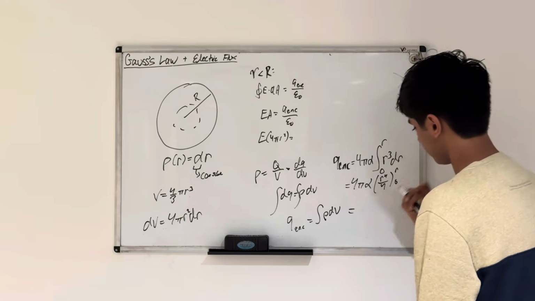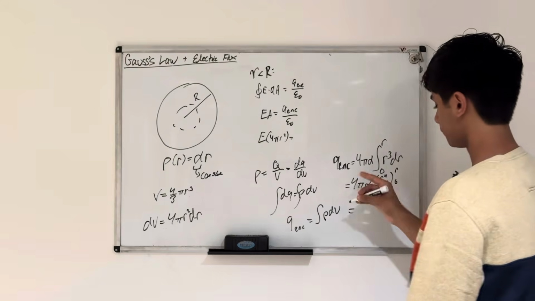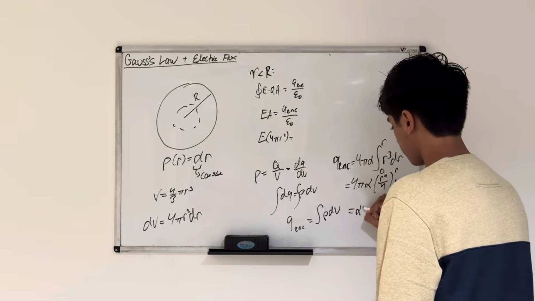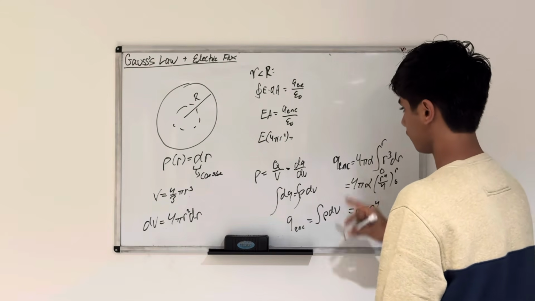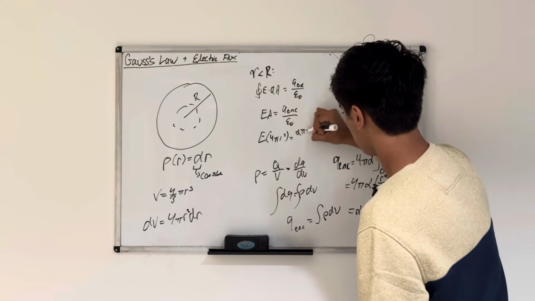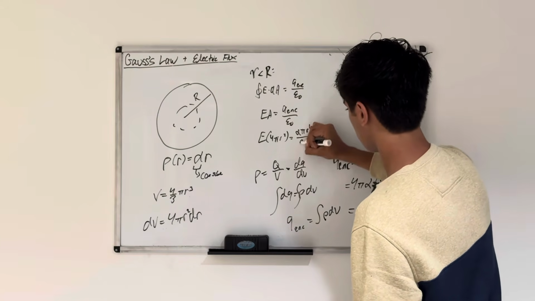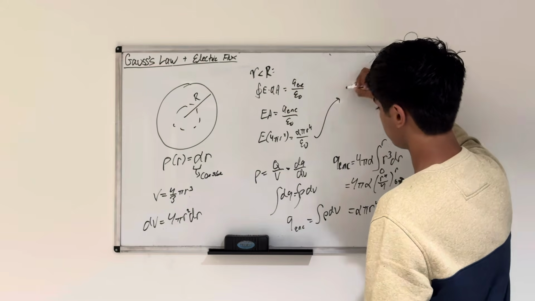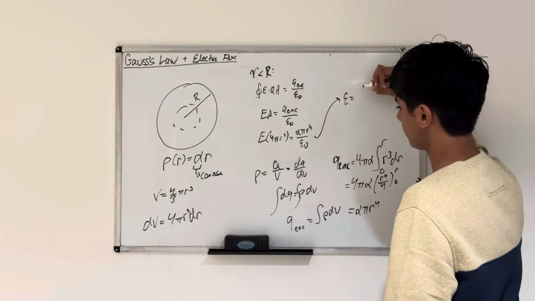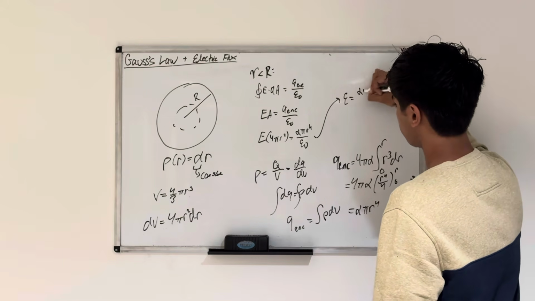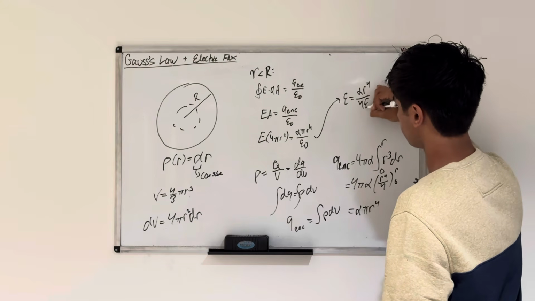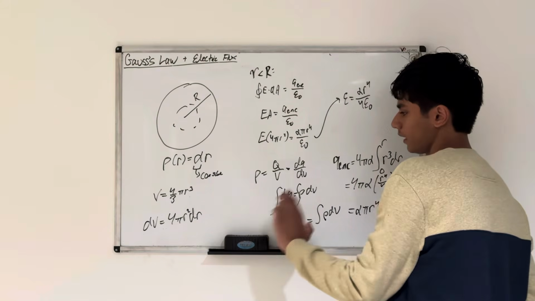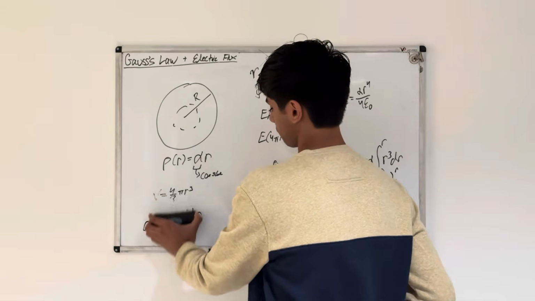So we get that Q enclosed is equal to alpha pi r to the power 4. We plug it in, so alpha pi r to the power 4 over epsilon naught. Solve for E, we get that E, the electric field, is equal to alpha r to the power 4 over 4 epsilon naught.